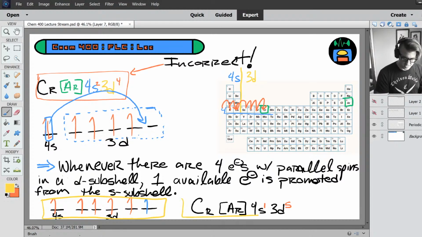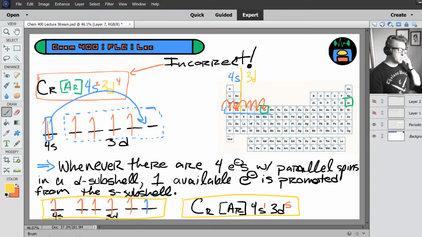As we said before, the one that you wrote out normally is incorrect, because you have those 4 electrons in parallel. They steal one from the S subshell, and so the correct configuration is argon 4s1 3d5. And this happens every time you have 4 electrons with parallel spins in the D block.